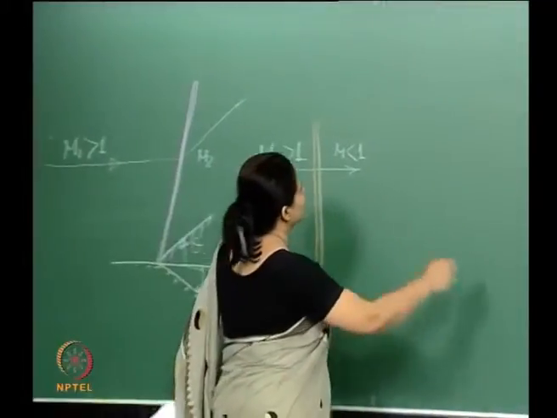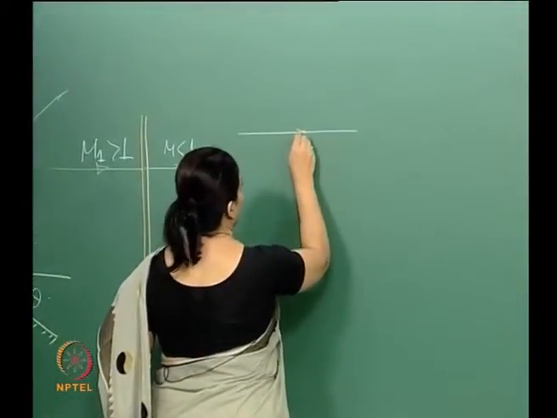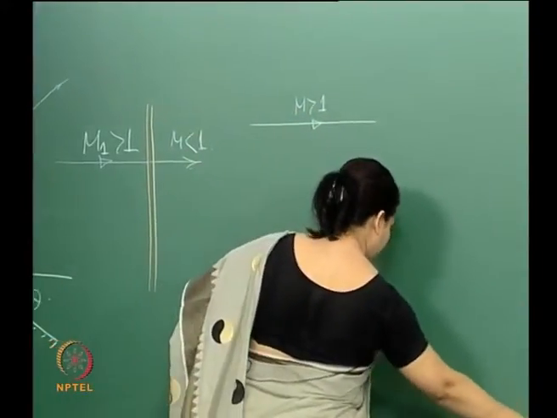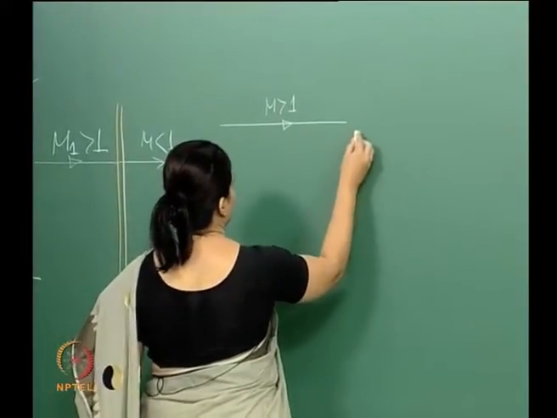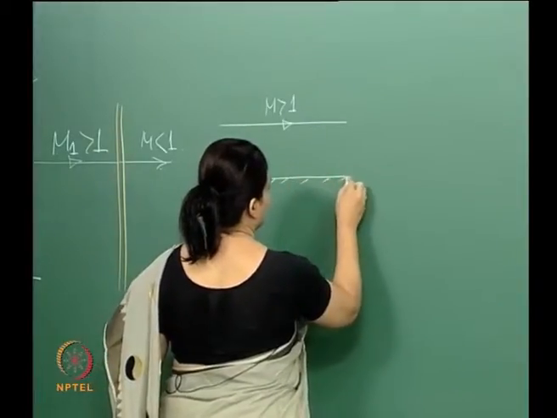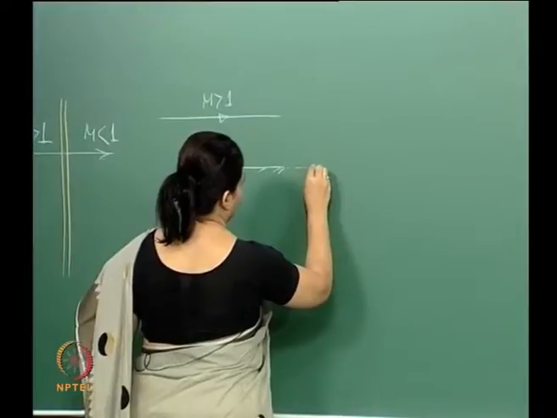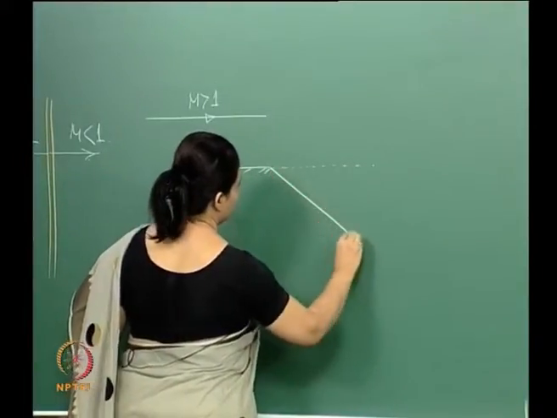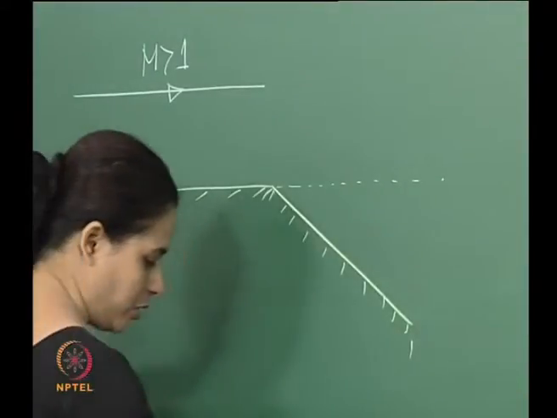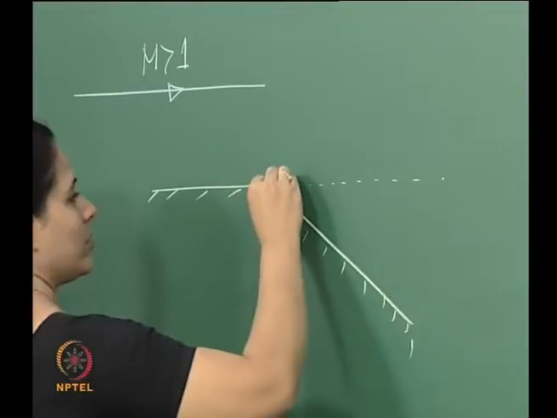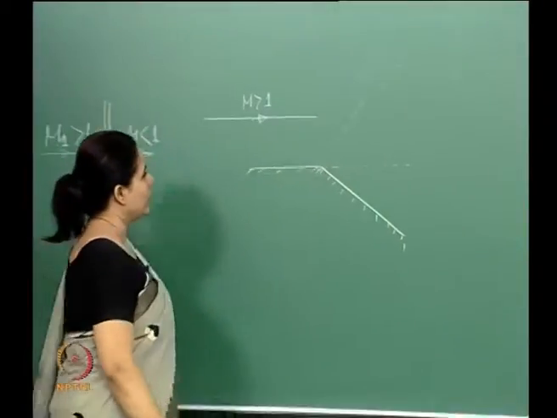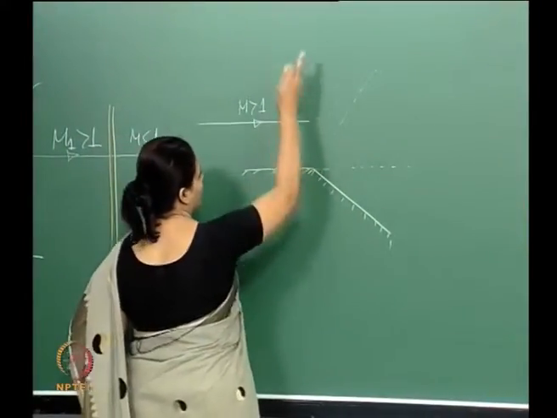So basically, say I have a flow like that, and say it encounters a corner like this. What we have seen so far is this: there is a shock wave which comes.